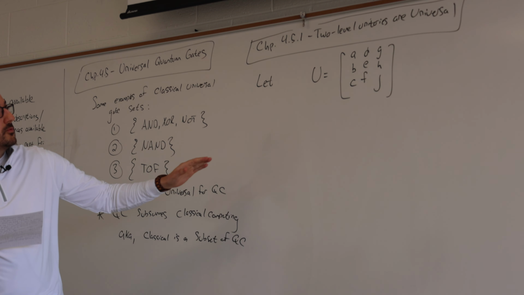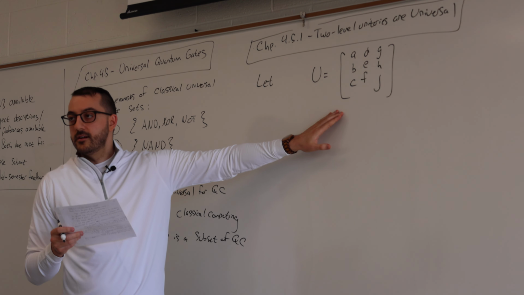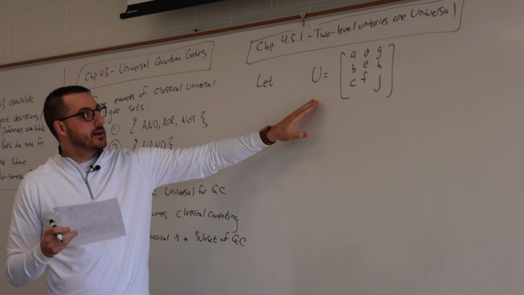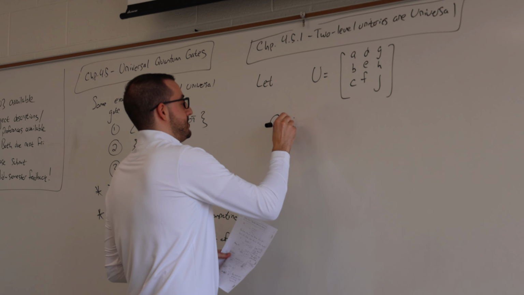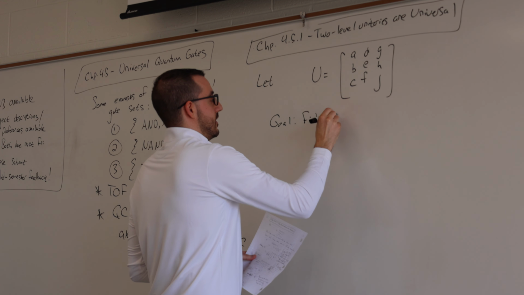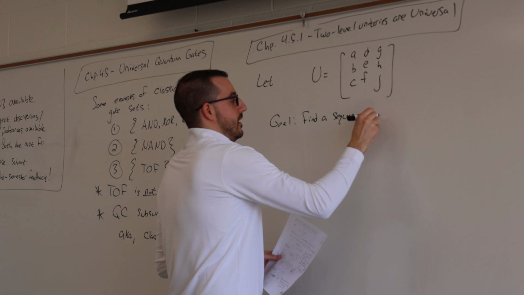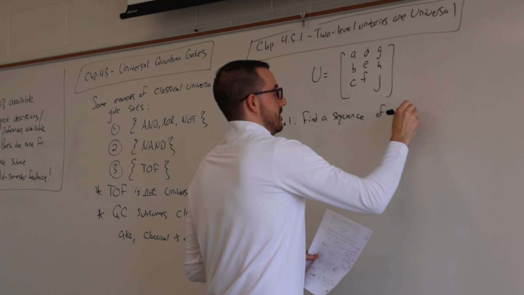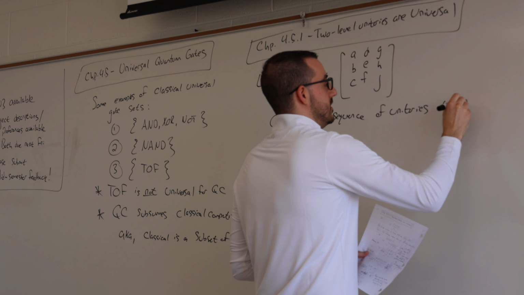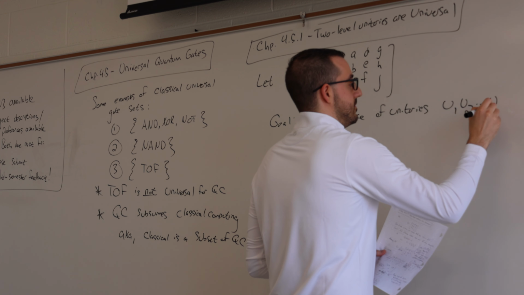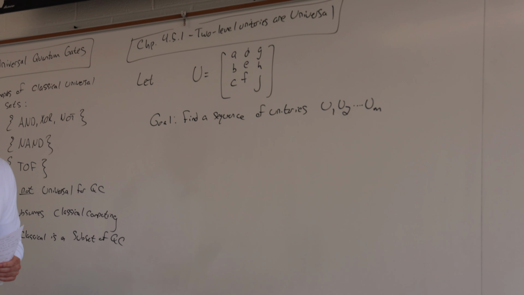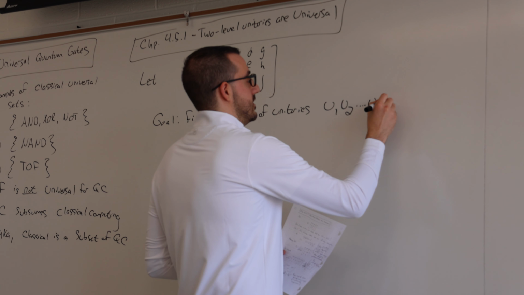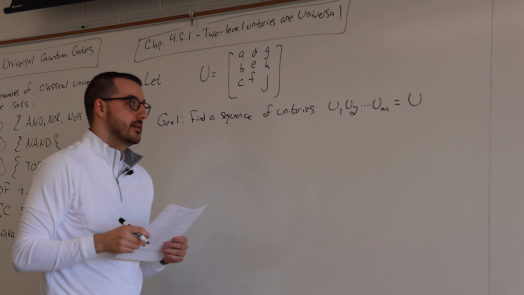So what we're going to try to do is compile this unitary. That means we're going to try to find a sequence of unitaries, U1, U2, and so on, some number, let's call it little m for now, such that this product is equal to the unitary that we want.